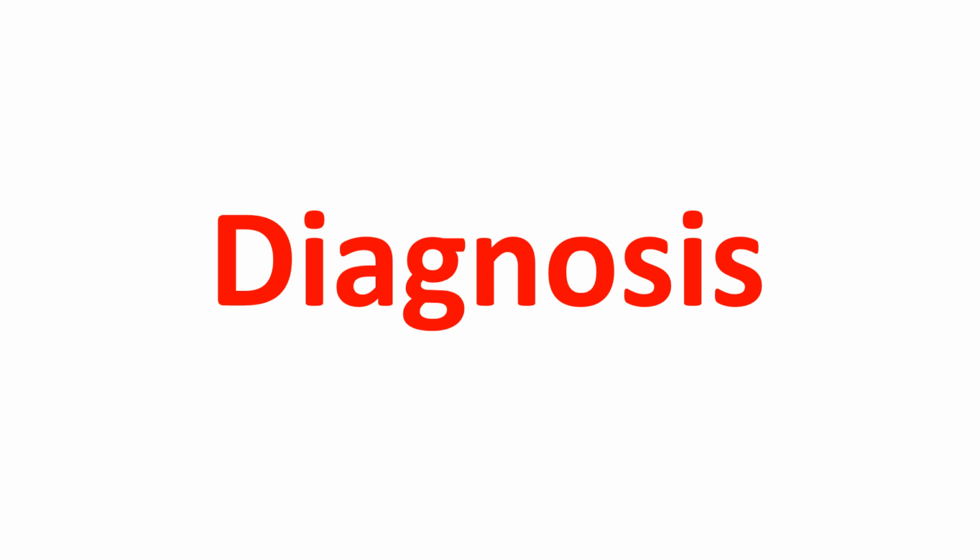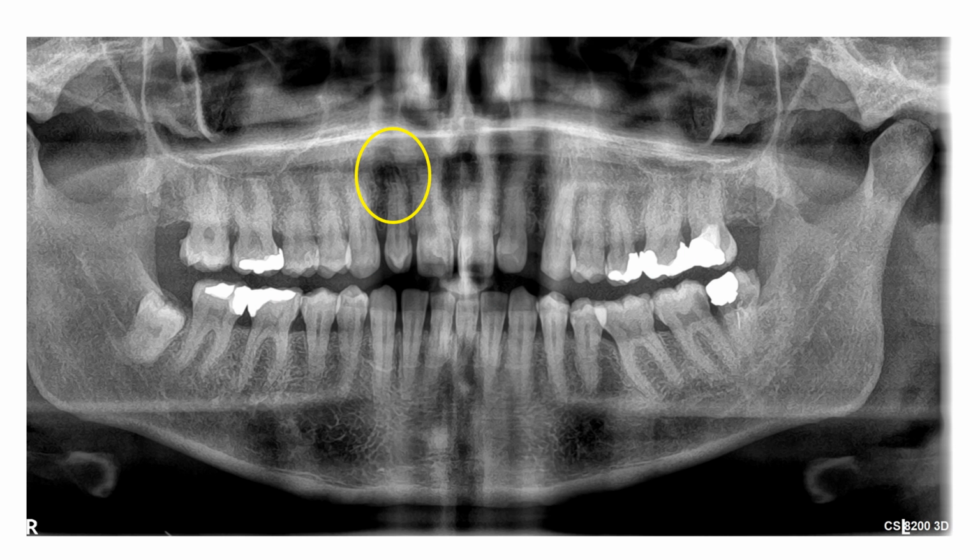Now, when I use CBCT, I really need this tool to help me in many areas in dentistry. For example, diagnosis. This was a case that was presented to me. The patient brought his panorama X-ray, OPG, and I can see that the maxillary right lateral incisor has some kind of periapical lesion.